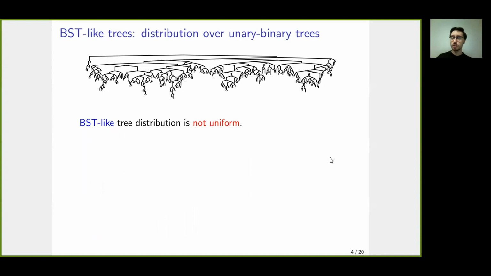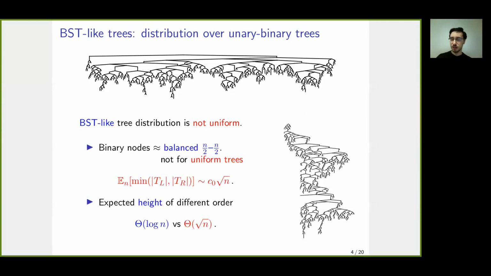A BST-like tree looks a bit like this. That's a typical shape. BST-like trees are not uniform among trees with n nodes, and in fact, a uniform tree has a very different typical shape. This is a typical uniform tree. The difference comes from the fact that in the case of BST-like trees, when we have a binary node, as we use the uniform distribution to distribute the nodes between the children, each child has roughly n over 2 nodes.